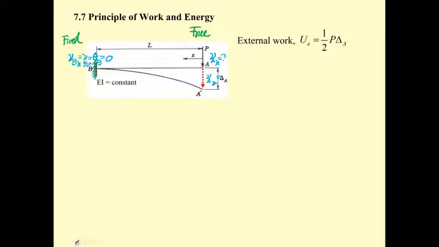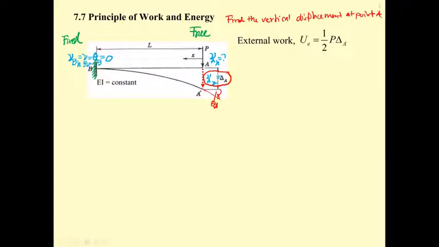If you draw a tangential line to the point A, you have the slope, θA. Now, we are only interested in determining the vertical displacement at end A of the beam.